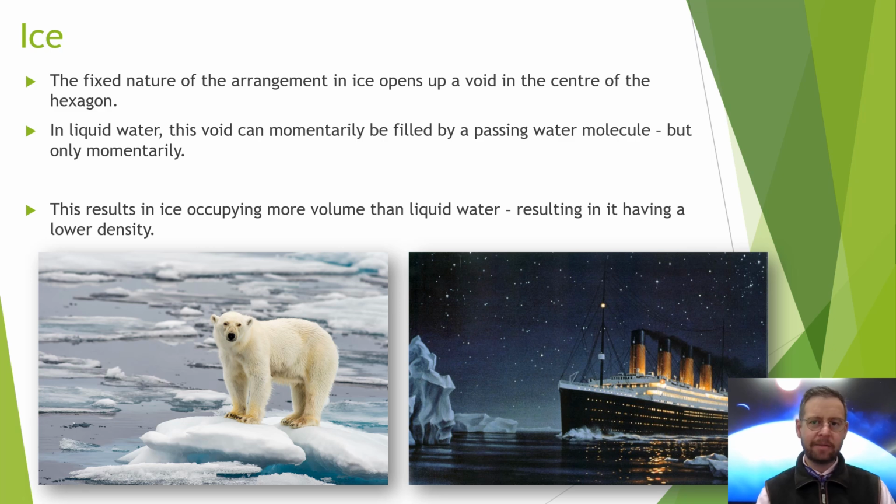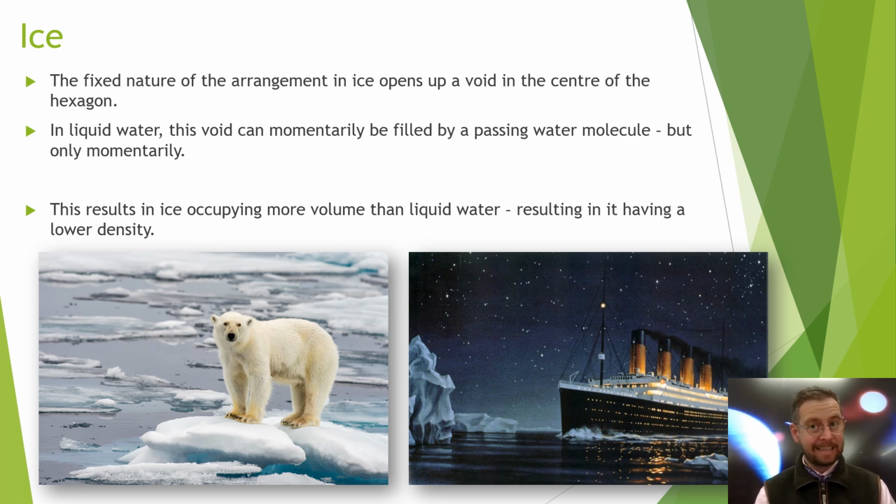As we take energy out, what we find is that these hydrogen bonds start to form, and this hexagon starts to form. Now, the most stable arrangement for this hexagon is to basically open with a void in the middle, with a region where there's actually not that many water molecules right in the middle of the hexagon. And when that happens, it's pushed the actual molecules ever so slightly further apart than they could exist if it was a liquid, leading to this anomalous property where ice takes up a slightly larger volume than the same mass of water.